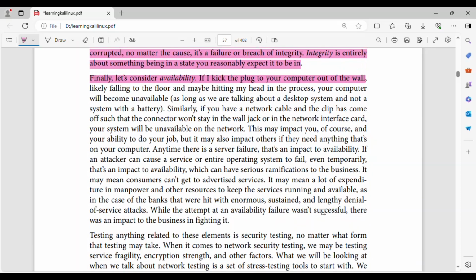Finally, let's consider availability. If I kick the plug to your computer out of the wall, likely falling to the floor and maybe hitting my head in the process, your computer will become unavailable, as long as we are talking about a desktop system and not a system with a battery.